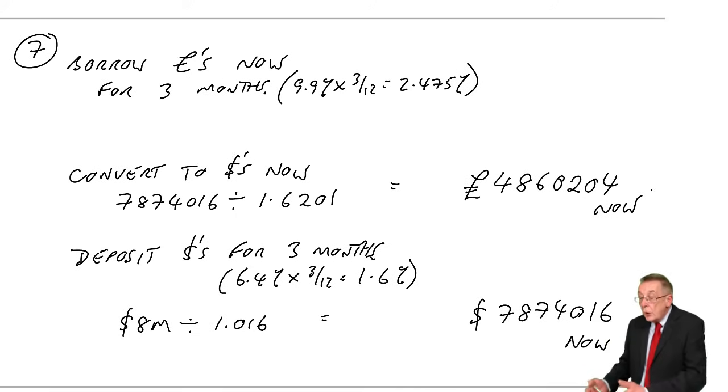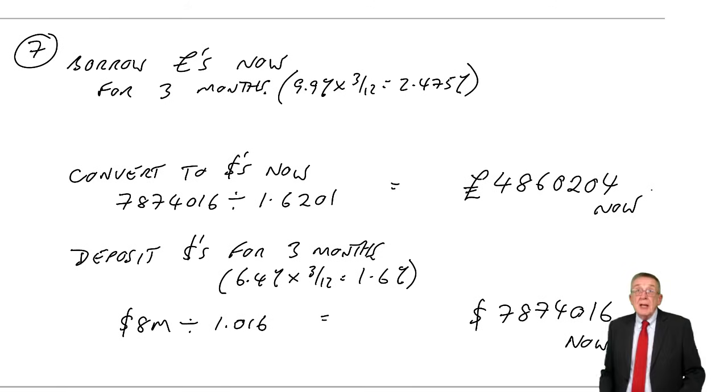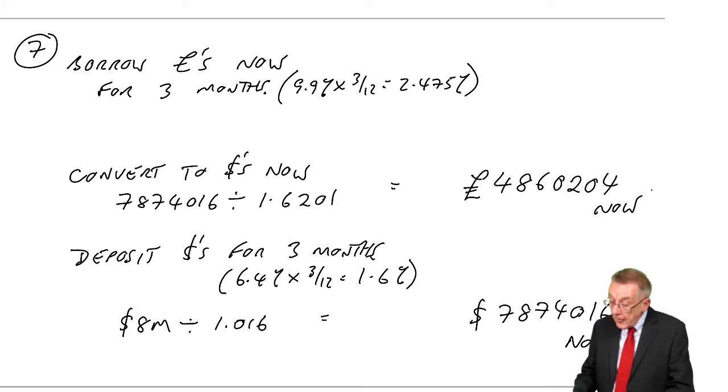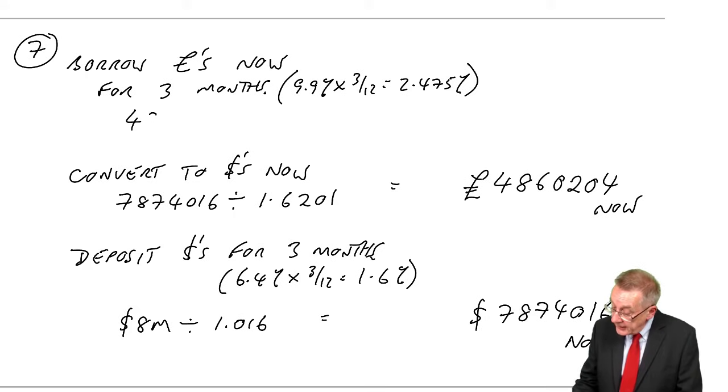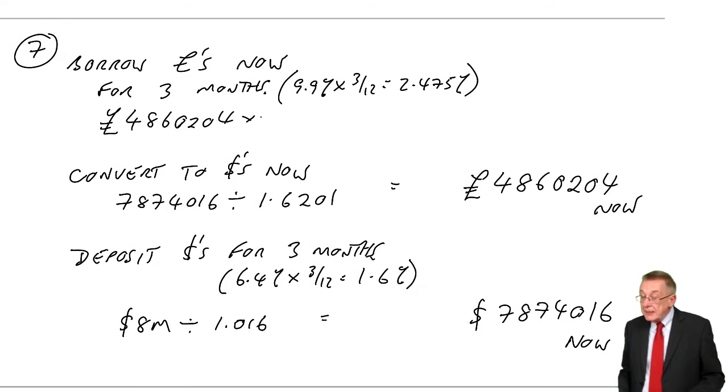Finally, in order to have that 4.86 million, we're going to need to borrow it. We'll borrow it for 3 months, and so by the end of 3 months, they'll have added on interest. We'll be owing more. And so 486.0204, borrowed at 2.475%.